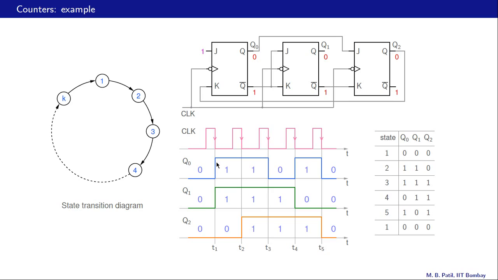Then we have 1, 1, 0, that is our state 2. Then 1, 1, 1, state 3. Then 0, 1, 1, state 4. Then 1, 0, 1, state 5. And then after that, we come back to 0, 0, 0, back to state 1. That means our last state is 1, 0, 1. So K here is 5. So it is a modulo 5 or mod 5 counter.